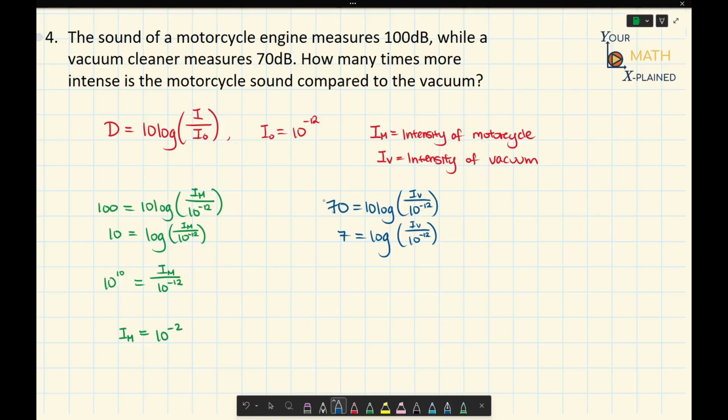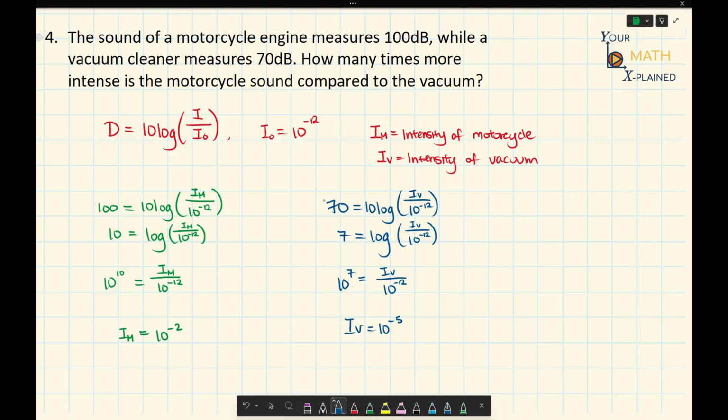Converting this to exponential form gives us 10 to the power of 7 is equal to I sub V over 10 to the power of negative 12. Solving for I sub V gives us 10 to the power of negative 5.